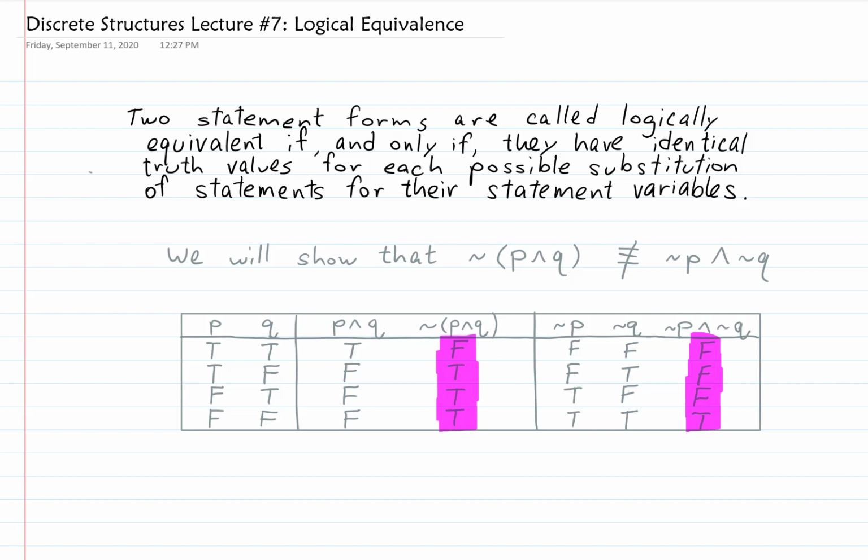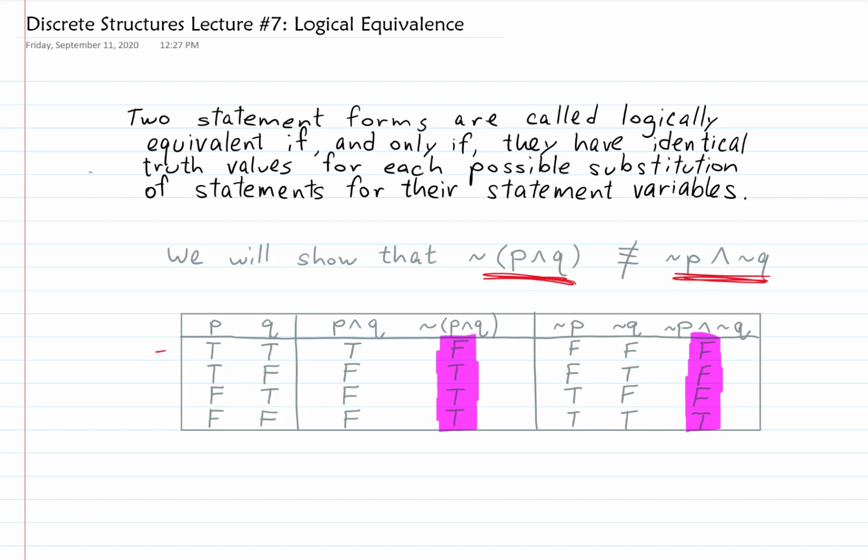Okay? So that means that these two statement forms don't have identical truth values for each possible substitution of statements for the statement variables.